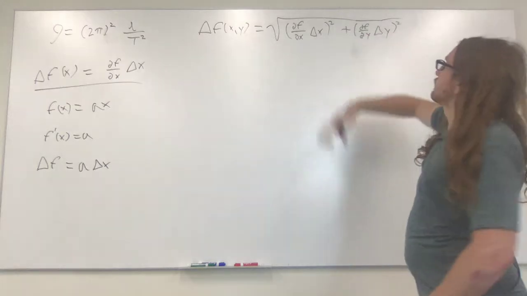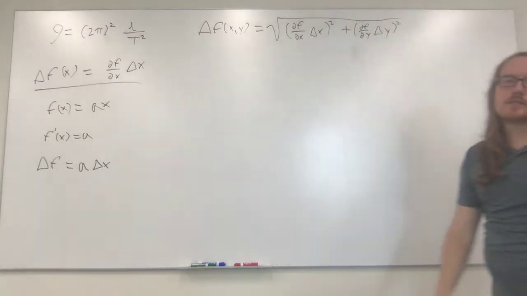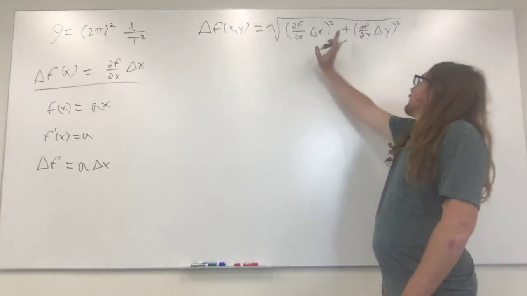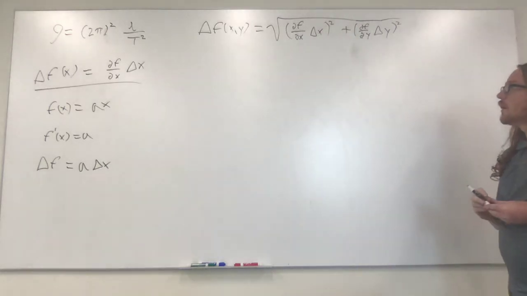And I mean, you can move that squared around so that you're squaring delta x and the derivative separately, or you can leave it combined.